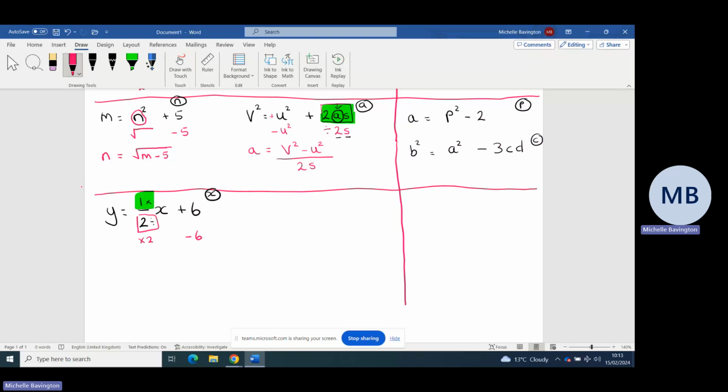Okay, so because it's a fraction, I'm going to have a bracket. I'm going to write this down. Remember, bracket for a fraction.